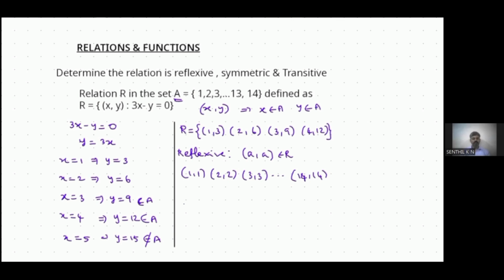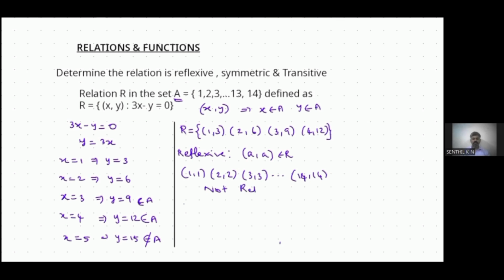So if all the elements in the form of (a, a) are in R, then only we can say R is reflexive. Here there is no (1, 1), (2, 2), (3, 3). There is no such element in R. So therefore it is not reflexive. It is not reflexive. Okay.